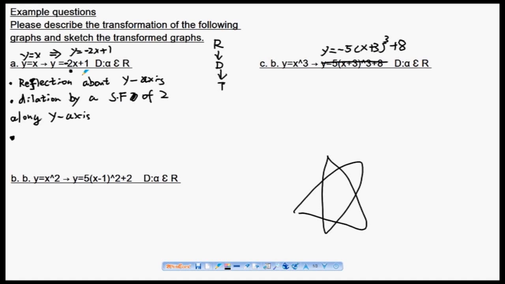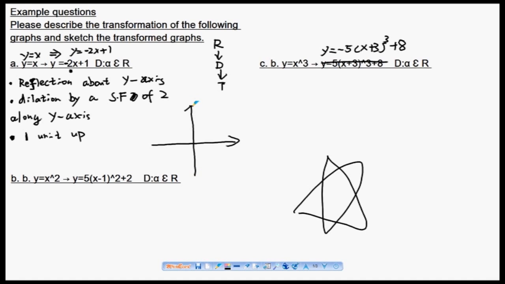So we should have a translation when we see a plus sign there. So the translation is 1 unit up. Moved 1 unit up. So the graph should look like that.